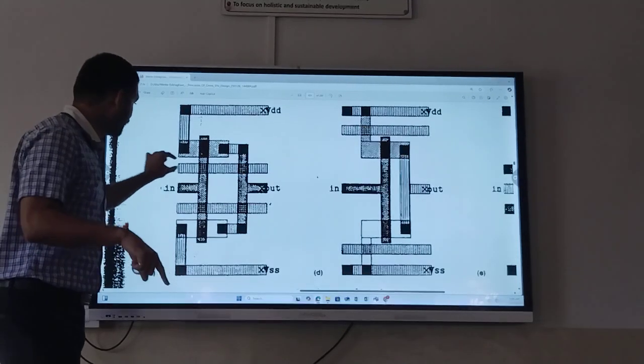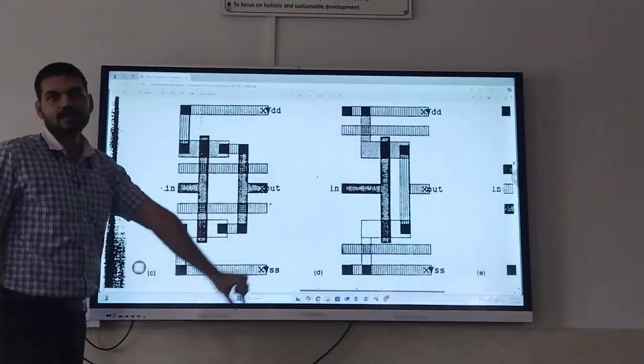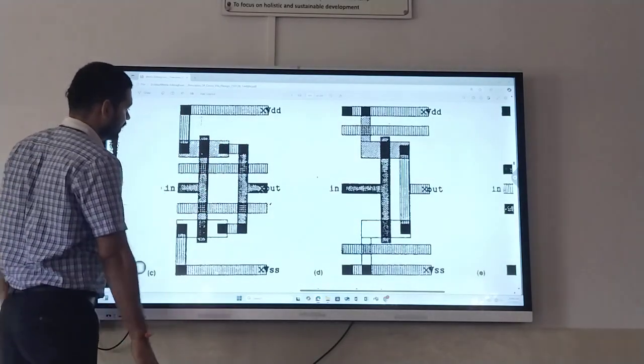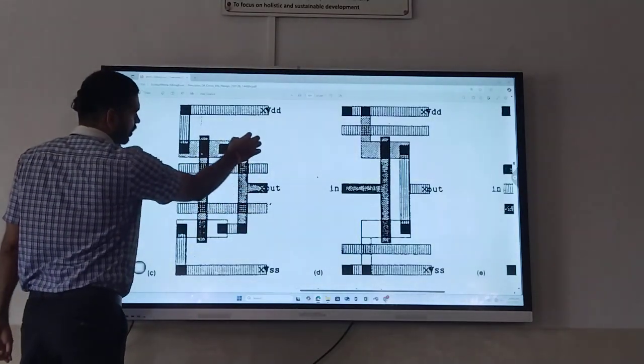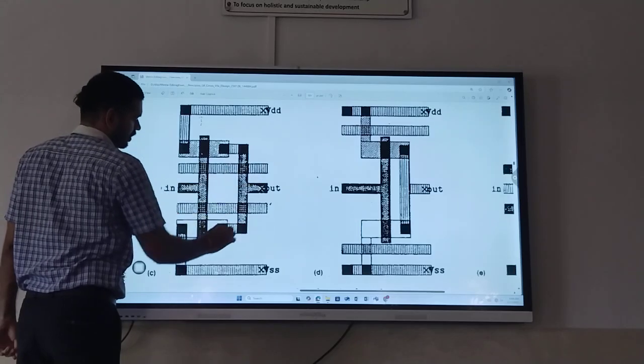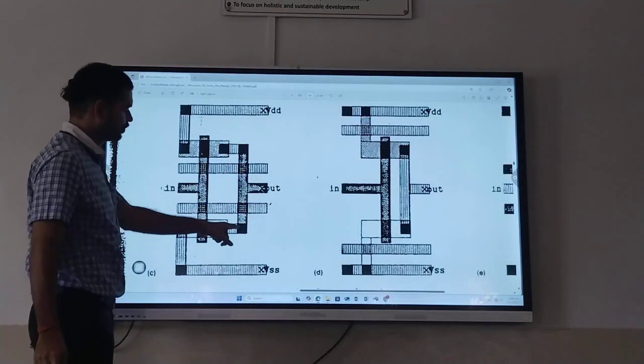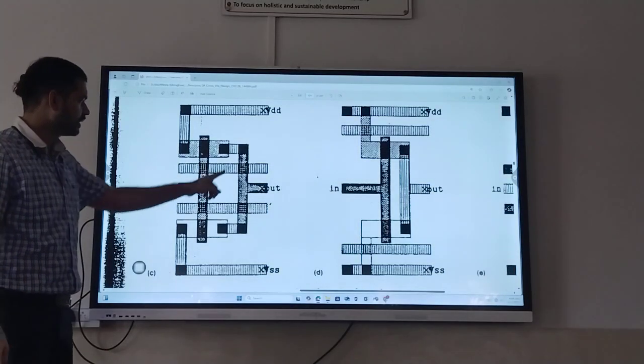So the metal passing here should not be shorted with the drain. Therefore, we are making use of some different layer. So here we can use metal 2.